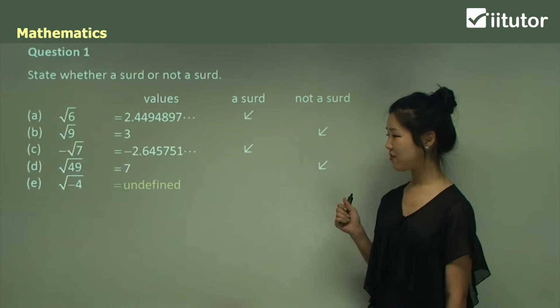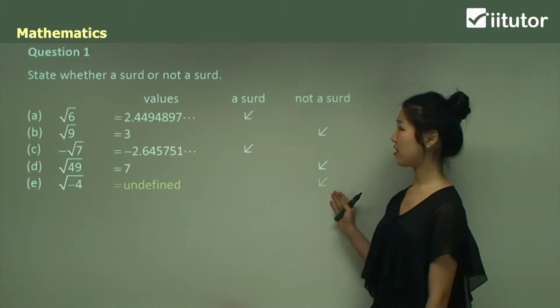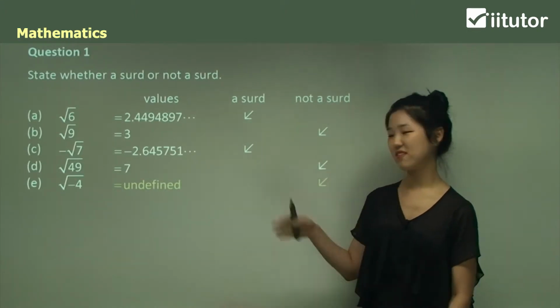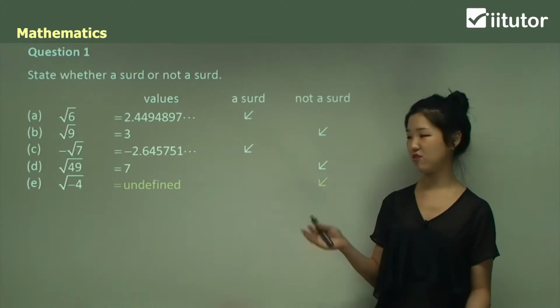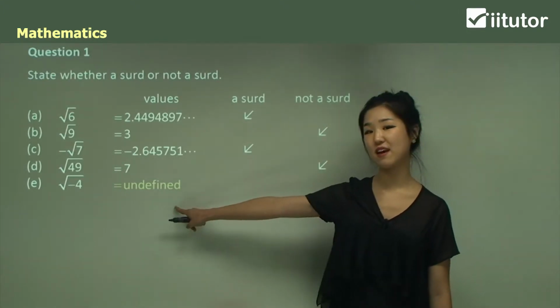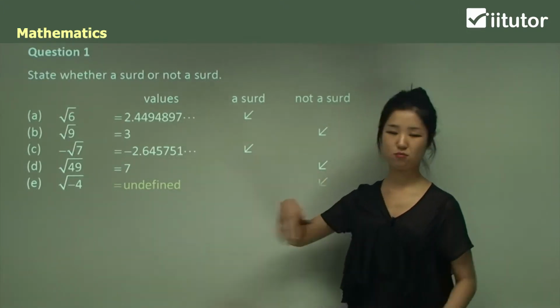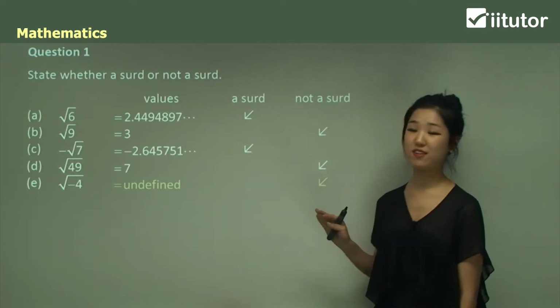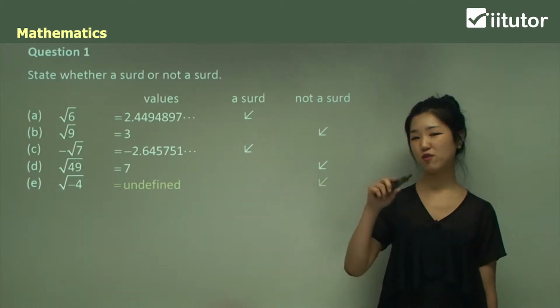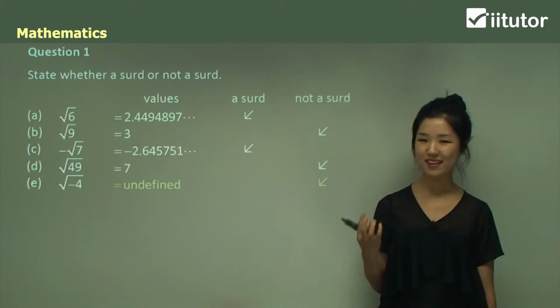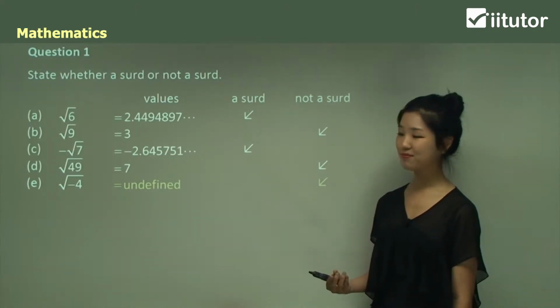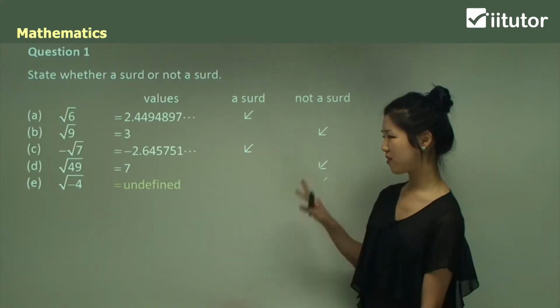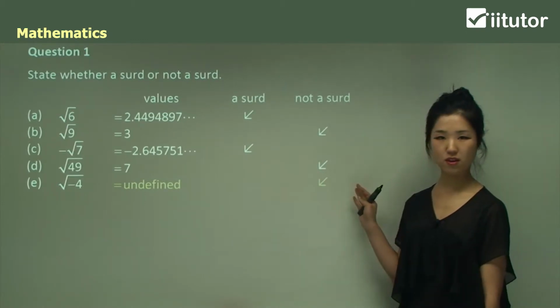Oh, sorry, it's not a surd. We can't say it's a surd because we can't make it into an exact value. It's not an integer, it's not a value. That's why it's not a surd. Surds, we have to always keep the root there to make it in exact form. So I hope you can see what the difference between a surd and not a surd is again.